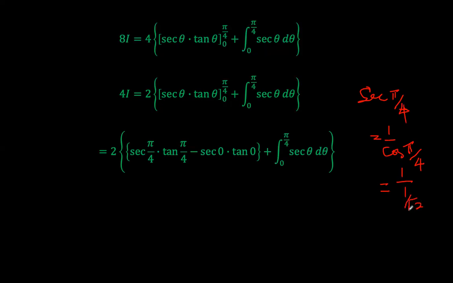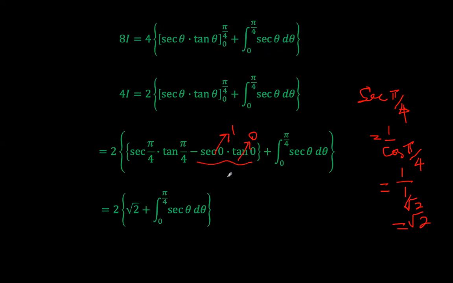And so this is the same as square root of 2. We already know that tan of pi over 4 is 1. So essentially we have 2 root 2, and then plus the integral. Because this goes to 0, this goes to 1, and this goes to 0, so this entire thing goes to 0.